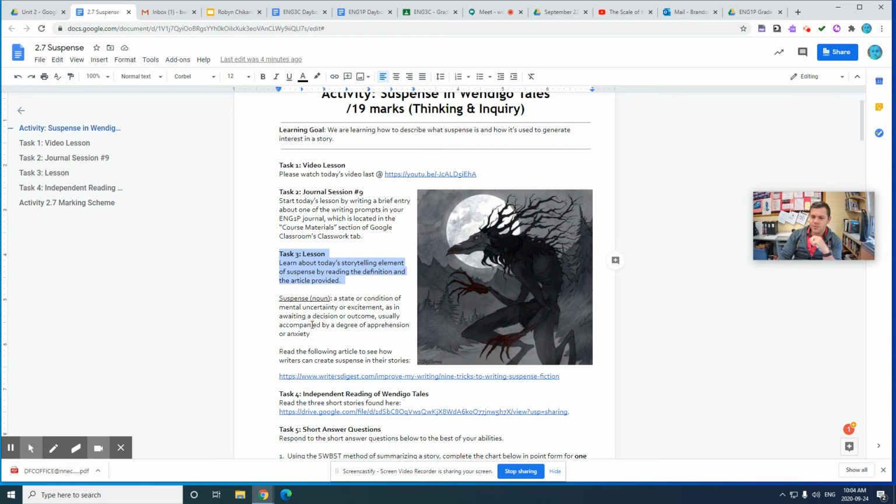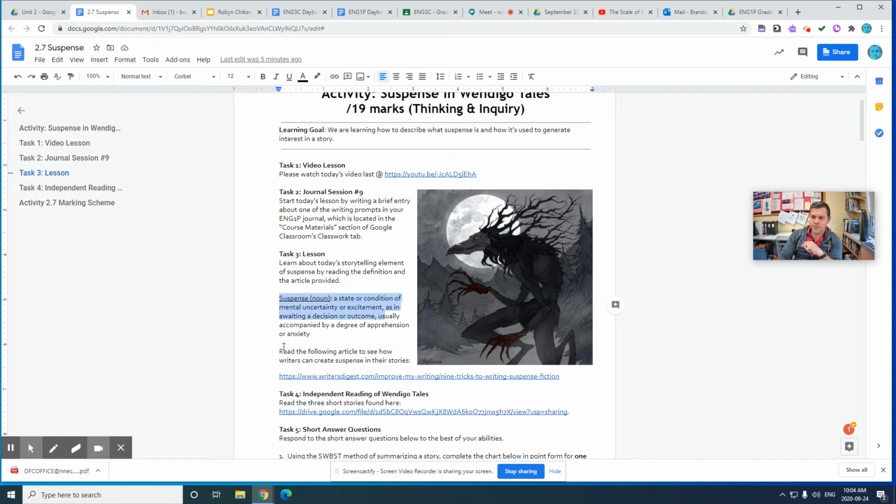So what exactly is suspense? Suspense is basically a state of mental uncertainty, and usually awaiting a decision or outcome. And it's accompanied by a degree of apprehension and anxiety. It's a feeling that we have of uncertainty where we don't know what's going to happen next.